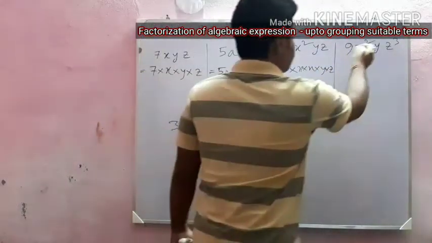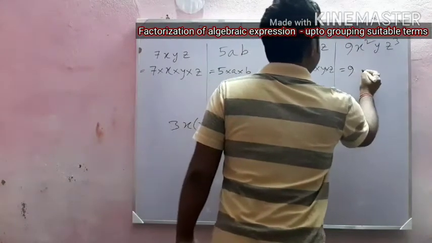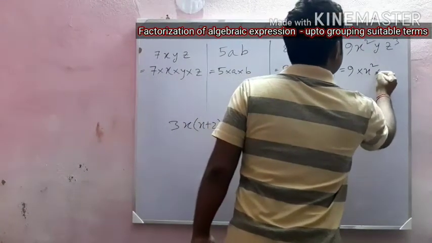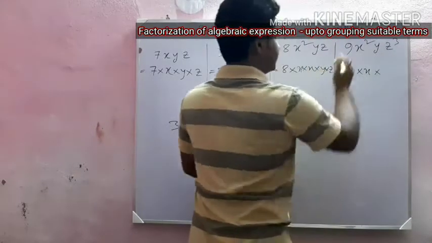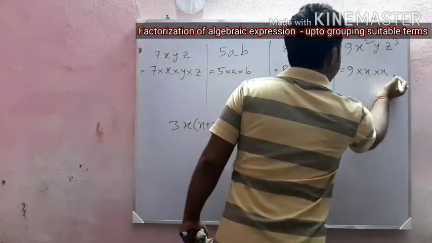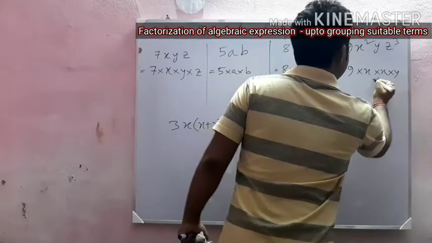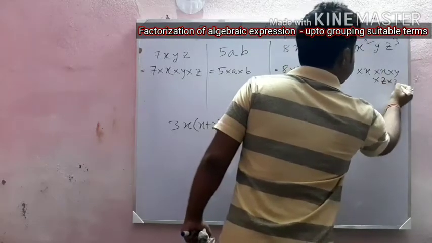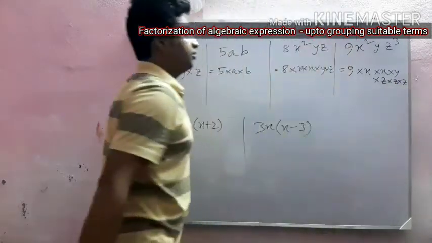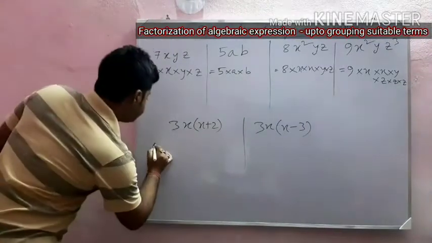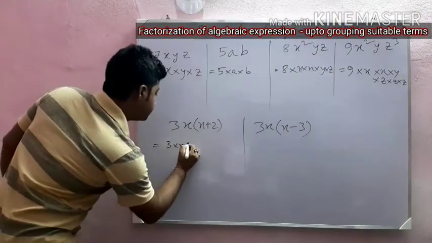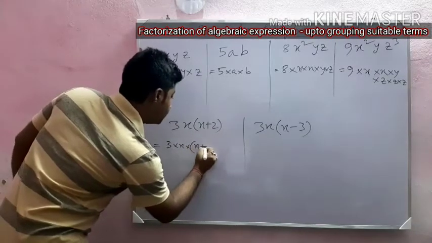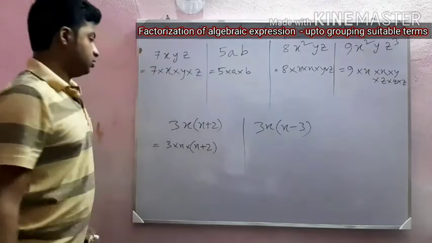For this one, 9 into x square. Break this x square as x into x, then y, and z cube means z into z into z. For this one, 3 into x plus 2.